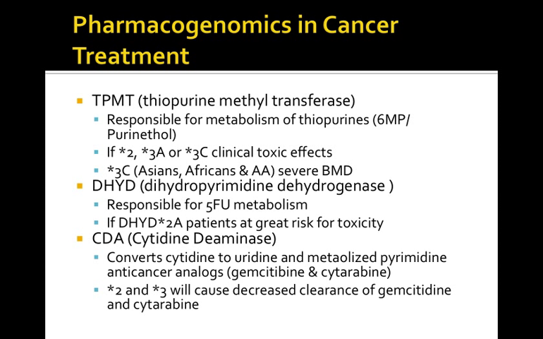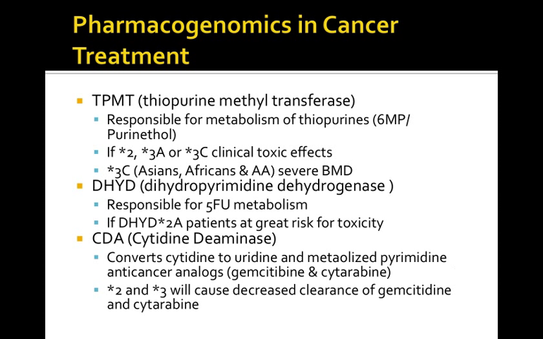If you have the 2A variant here, patients are at great risk for toxicity. He found these patients were actually dying and wanted to understand why these patients had such a severe toxicity, and found this variant in their genetic makeup, which encodes for less of this enzyme to be made, and therefore putting them at risk with 5-FU metabolism. Again, you want to make sure that the patients don't have this variant before you start dosing 5-FU.